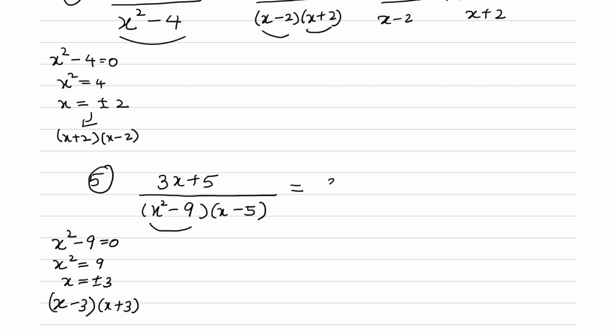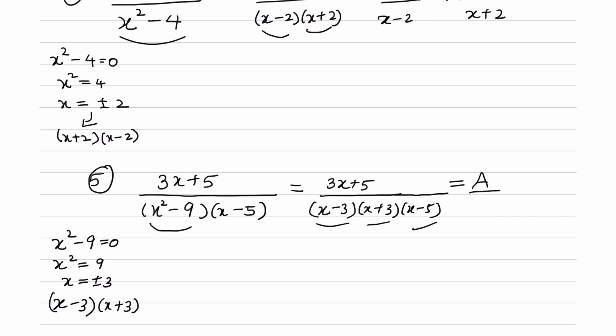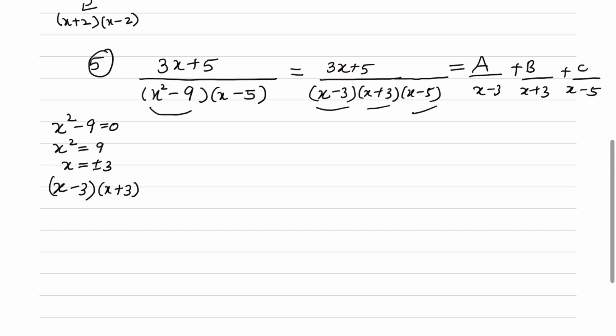So we can write this fraction as (3x + 5) by (x - 3)(x + 3)(x - 5). Now in the denominator we have three 1 degree factors. All three 1 degree factors are different. So the rule is A over a 1 degree factor, B over a 1 degree factor, C over a 1 degree factor. So this is how we simplify a given fraction into a sum of partial fractions.